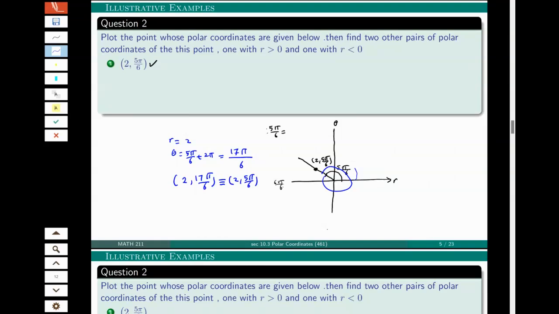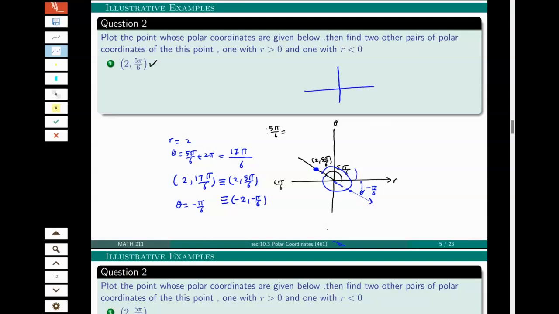That is when beta is equal to minus pi over 6. If my angle beta is minus pi over 6, then minus 2 will be the same. This is plus 2, and we go backwards, so that will be equivalent to the same thing, minus 2 and minus pi over 6.